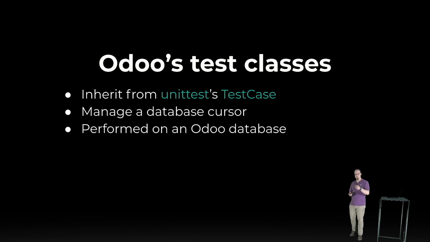The Odoo test classes are designed and implemented to be executed on a test database, which is an actual Odoo database, and they handle the management of opening a transaction and all that stuff.